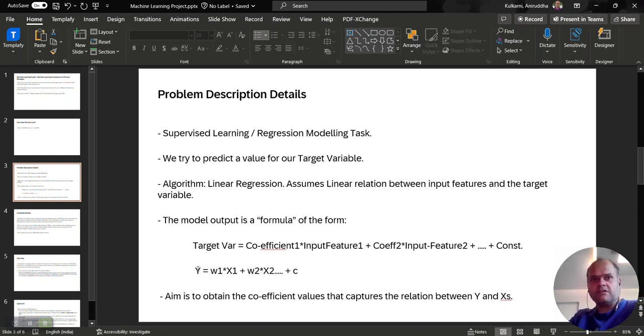So in this example, y is our target variable, x1, x2 would be values of the input features which we multiply by different coefficients or weight values, and there is some constant which together then establishes the relationship. The aim, of course, of the model is to obtain the coefficient values, so W1, W2, and so on, that capture the relationship between y and the x's.